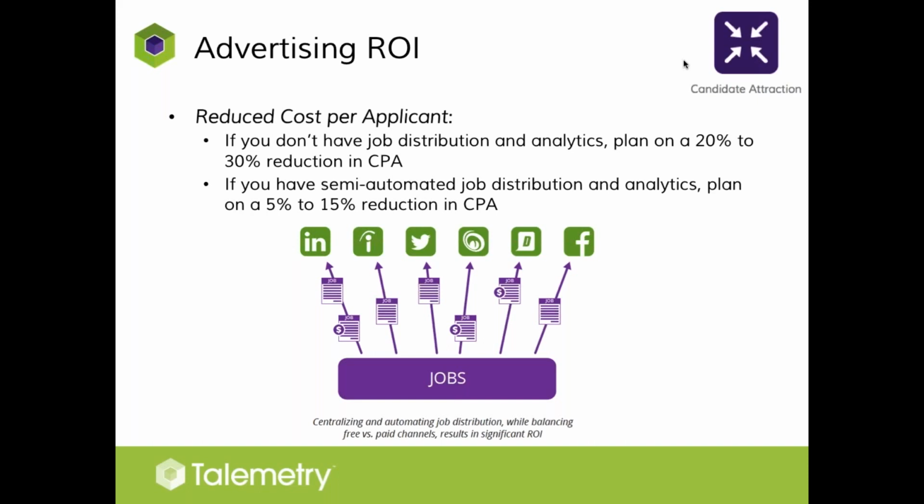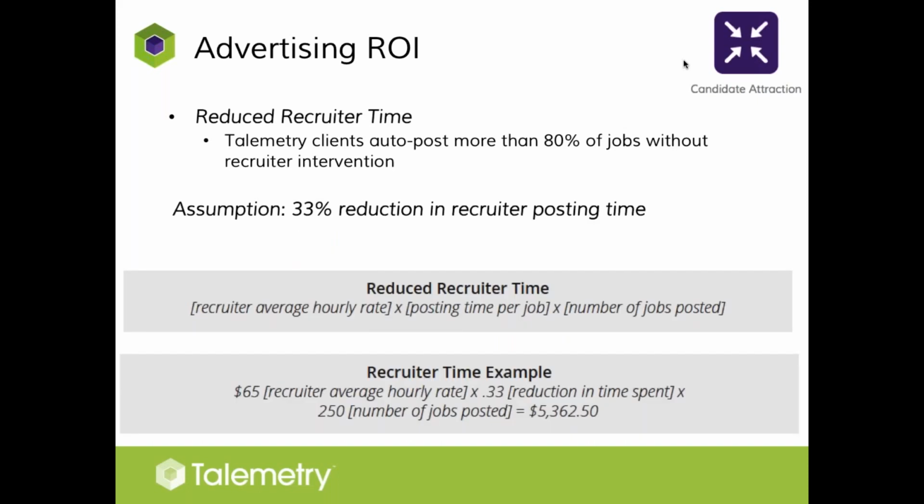Now, if you do have a system, but it's not automated, right? It's electronic but not automated, and you move to a more automated distribution with analytics, you're going to likely see a 5 to 15% reduction in your cost per applicant, right? So job distribution is still a real value for the organization.